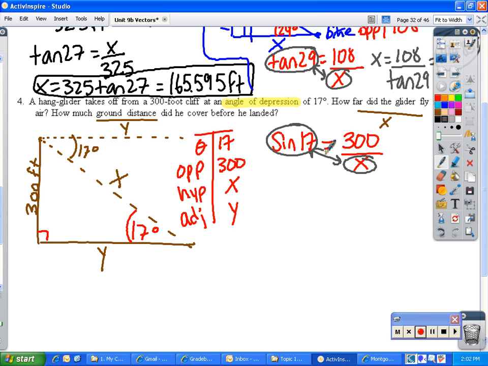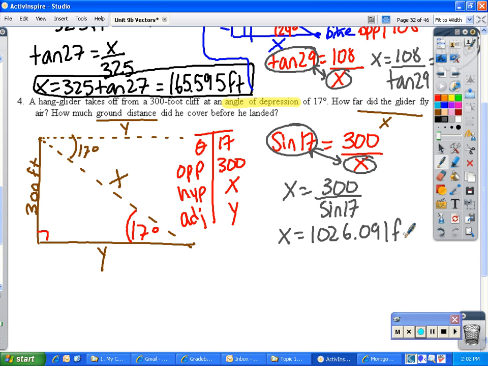They're called extremes in a proportion. So x equals 300 divided by sine of 17. Type that into your calculator just like you see it. 300 divided by sine 17. And that tells me that x is 1,026.091 feet, because the cliff was measured in feet to begin with. That's how far he flew in the air.